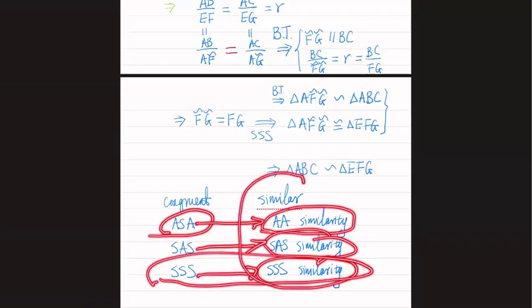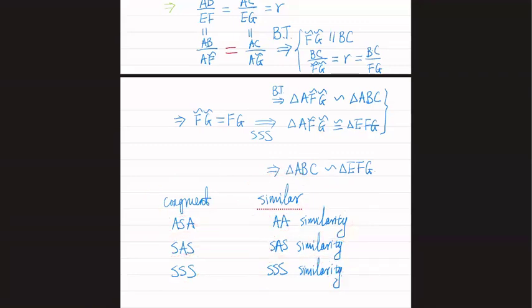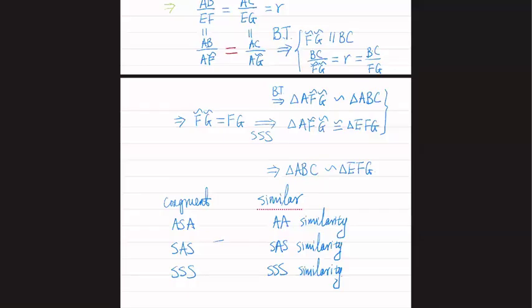So this is built on the congruence theorems combined with our big theorem. So if we add the big theorem, we move from congruent to similar. Okay, we stop here. Let me stop recording.